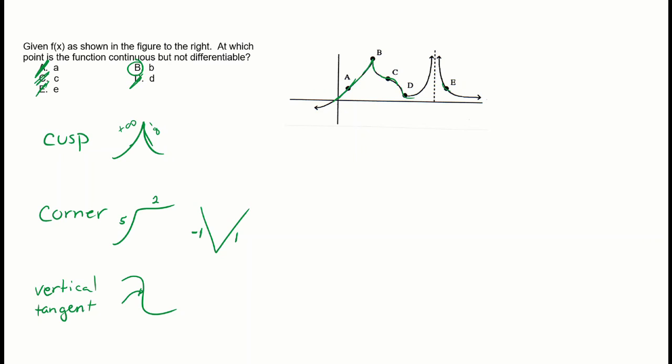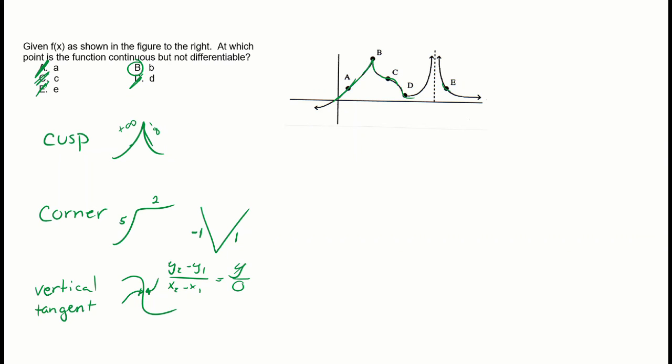And then a vertical tangent, because the other place it's not differentiable is if the derivative is undefined, or if there's like a 0 in the denominator. And if you think about the slope of this, well, the slope is rise, so like y2 minus y1 over run, x2 minus x1, but you know in a vertical line, that's 0 in the denominator, causing it to be undefined.